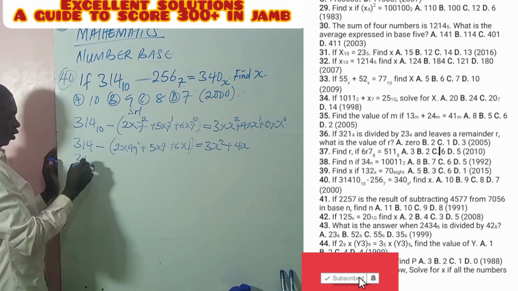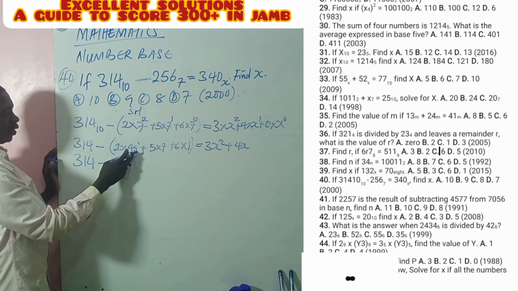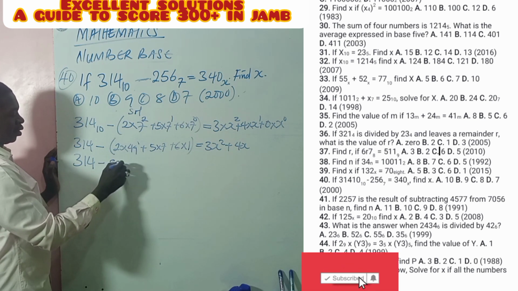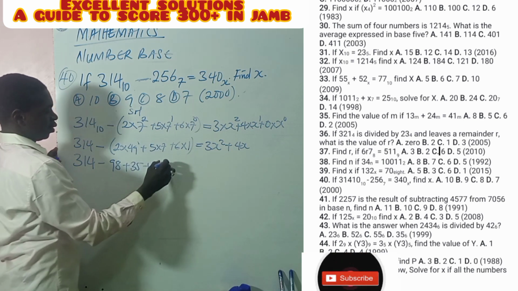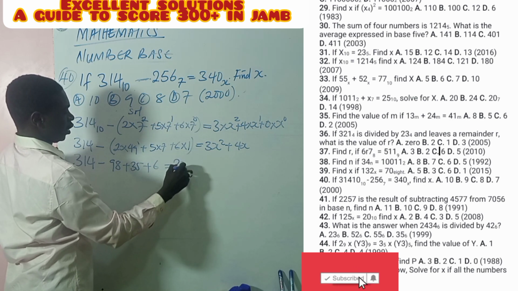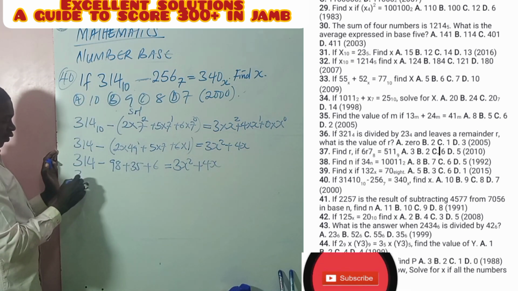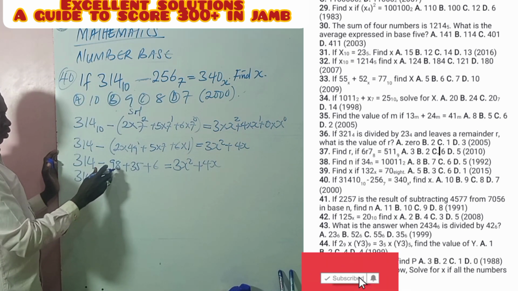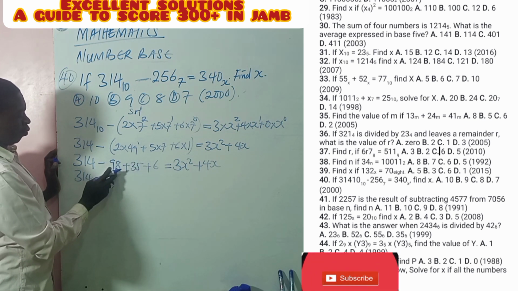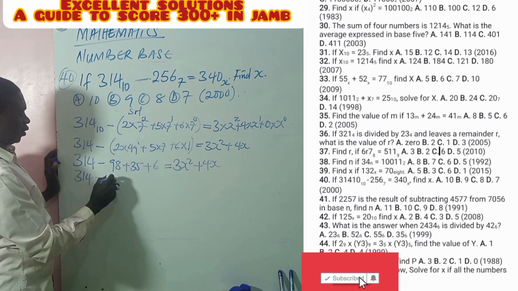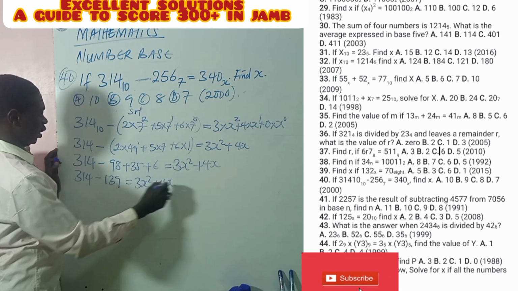So this is the same as 314 minus 2 times 49, which is 98, plus 5 times 7, which is 35, plus 6, equals 3x squared plus 4x. So we have 314 minus, if we add 98 plus 6 we have 104, plus 35 we have 139, equals 3x squared plus 4x.